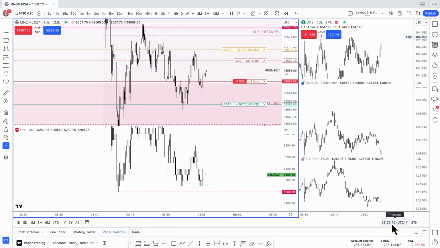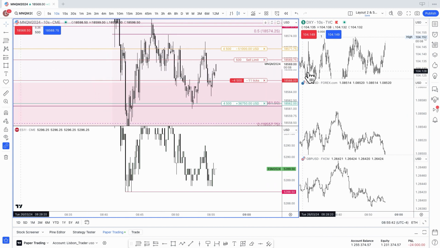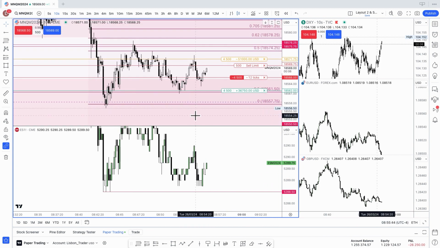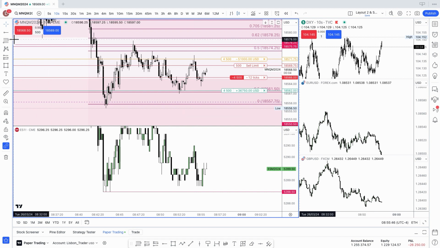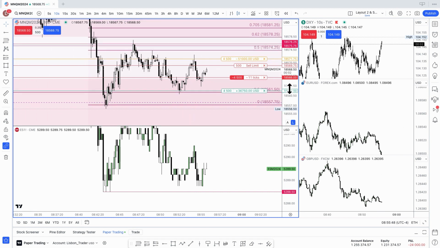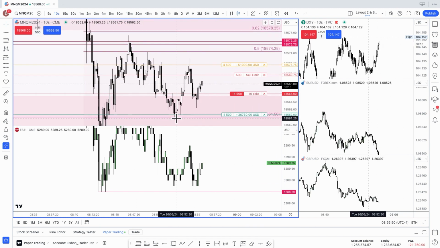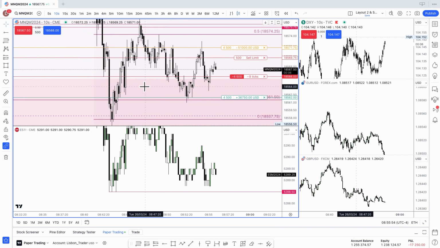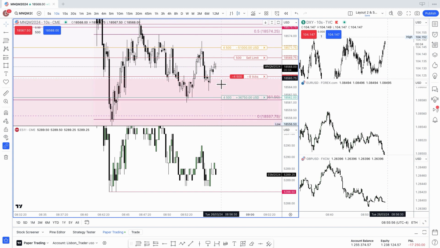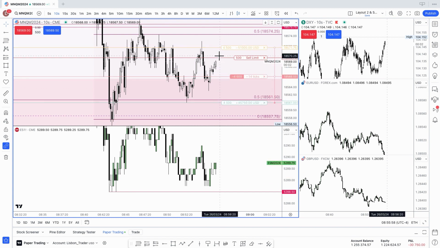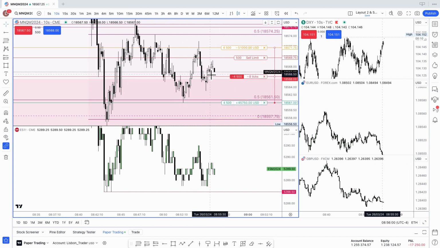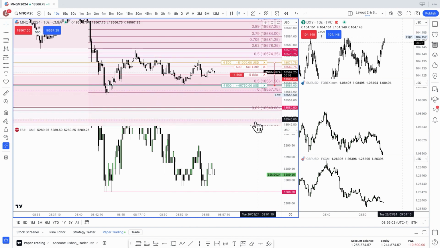So 8:55, so in 5 minutes we'll see a turn. So they need to take some stops. There's buy stops above, sell stops below. So what I'm expecting is them to take these lows and then resume higher when we are at 9 o'clock.